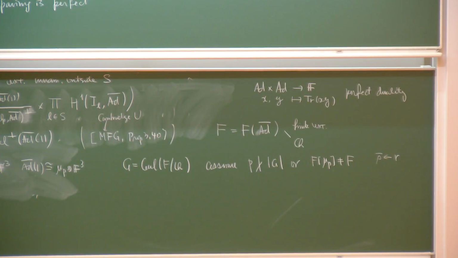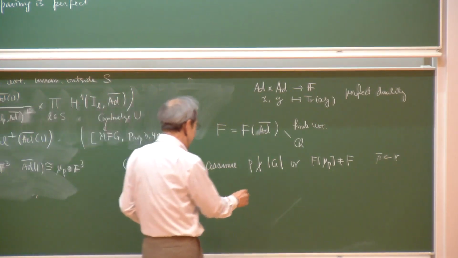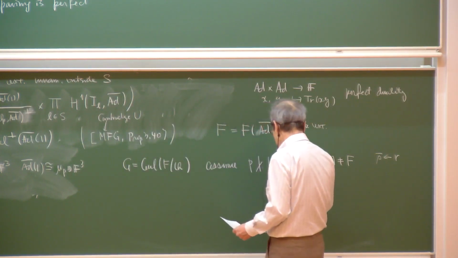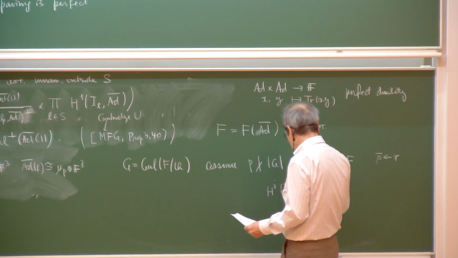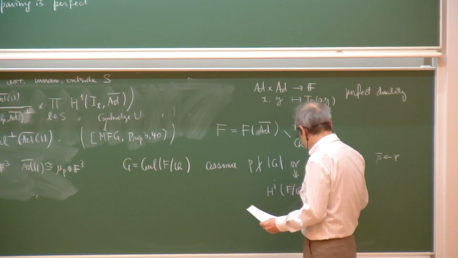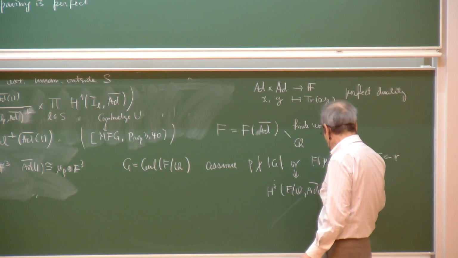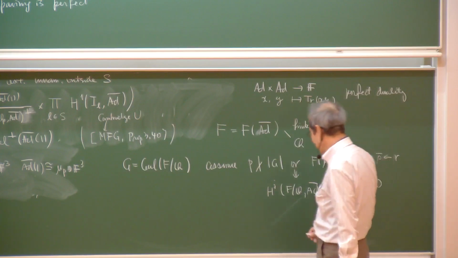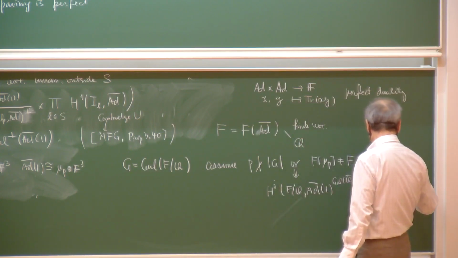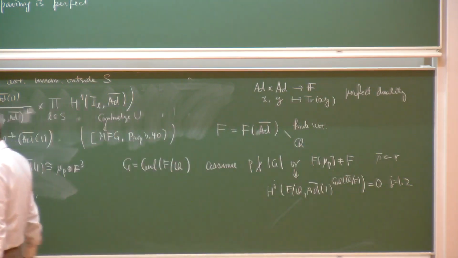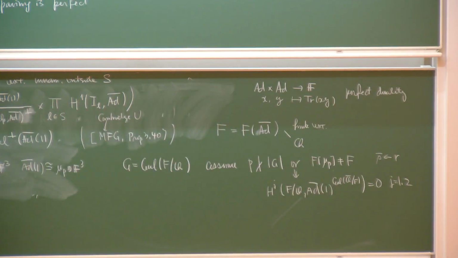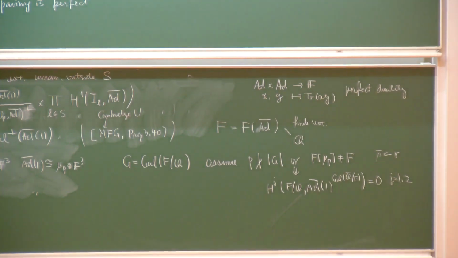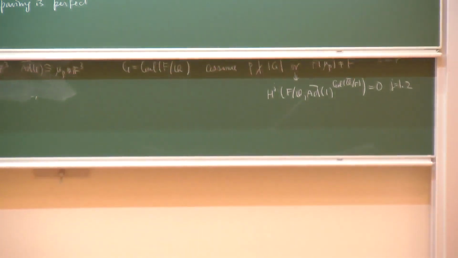So that means under this kind of condition, H^j of Gal(Q bar over F) with coefficients in ad bar(1) is 0. Okay, so j equals 1, 2. So actually, under this condition, you need to fix the Gal(F bar over F) here, then it is an isomorphism by inflation restriction.